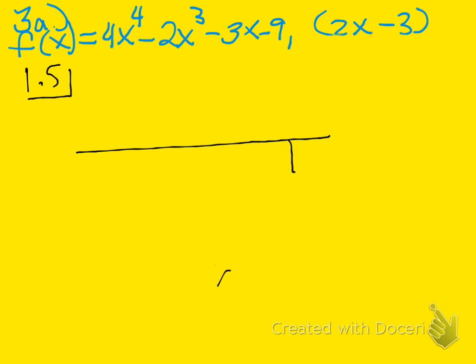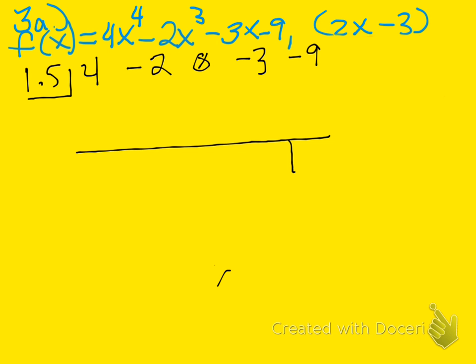So my coefficient for x to the 4th is 4. My coefficient for x cubed is -2. My coefficient for x squared is going to be 0 because I do not have an x squared term. My coefficient for x to the 1 power is -3. And my constant term is just -9.